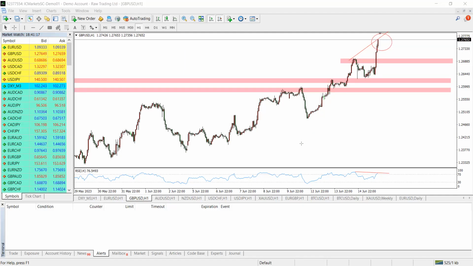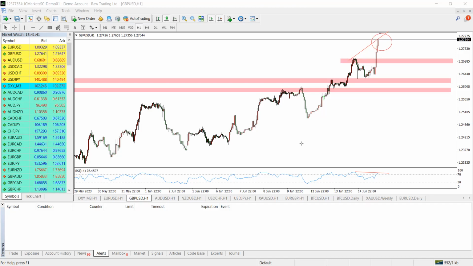Now, do not be surprised if we do an update of this. This is something that is actually present on a few of the majors like the cable, the fiber, EURUSD, AUDUSD, NZDUSD especially, right? Because they're giving off this nice trending pattern, but at the same time, it is more or less in overbought or oversold regions.